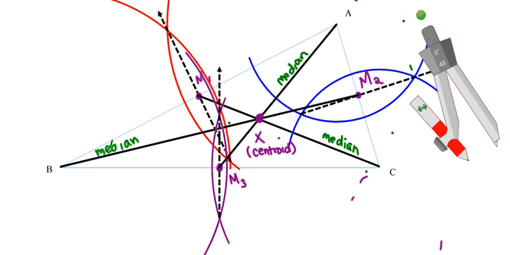So if I look at every single one of those medians, I'm going to go ahead and highlight this first median blue. So if that's my first median and point X represents my centroid, then in other words, the distance from vertex A to centroid X is always going to be double the distance from centroid X to midpoint 3.